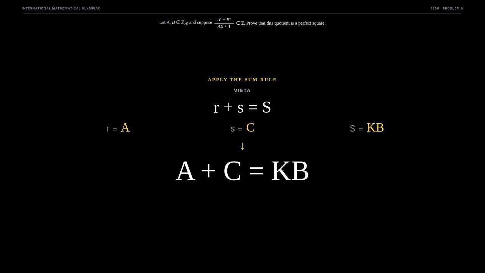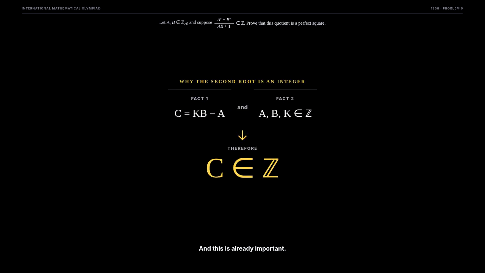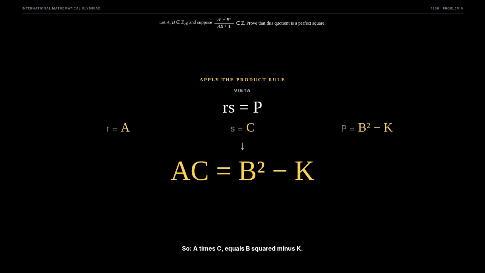Therefore, c equals kb minus a. And this is already important. a, b, and k are integers, so c is an integer as well. Vieta's formulas also give us the product of the roots. So, a times c equals b squared minus k.